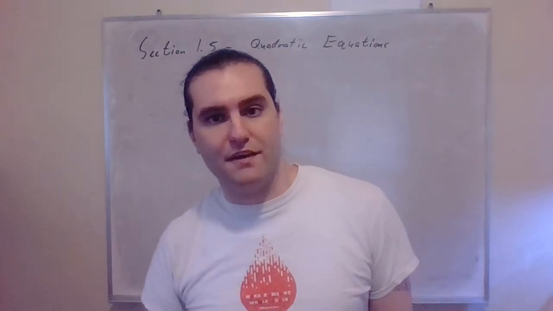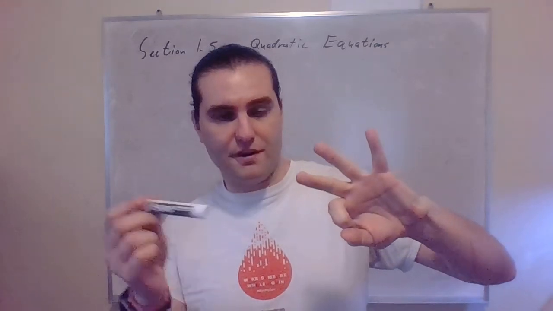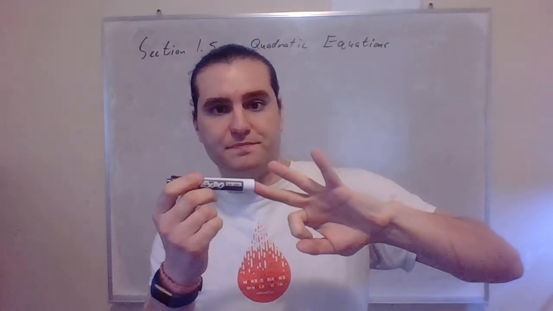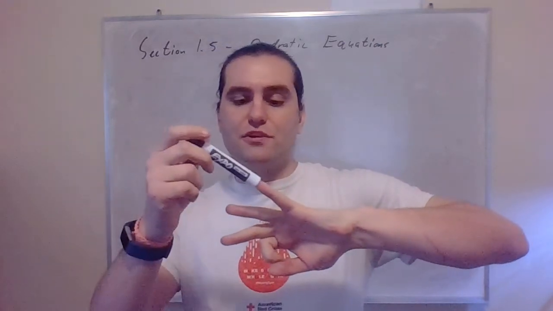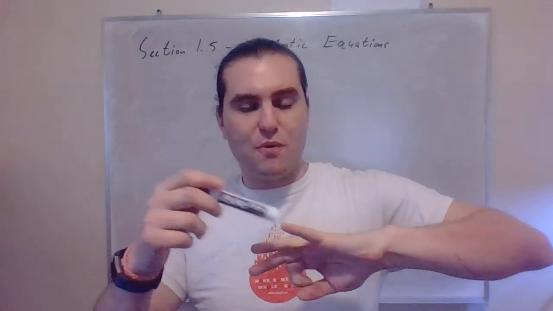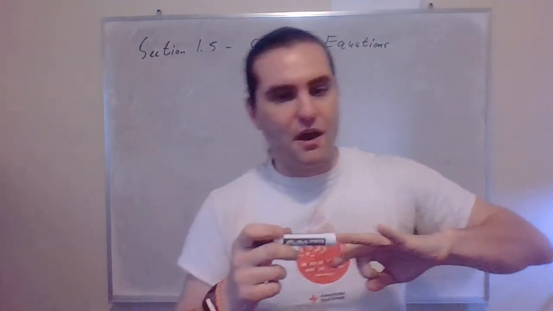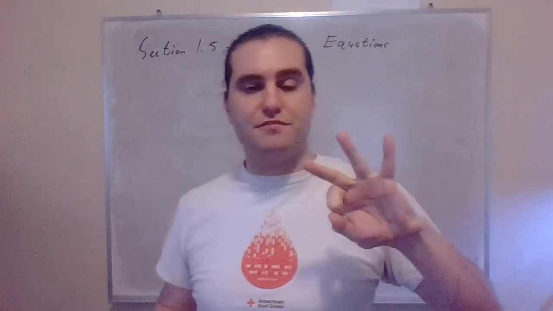Quadratic equations have three kinds of terms. There are terms with x's, there are terms with no x's, and there are terms with x squared. And the x squared terms and the x terms are not like terms, and they cannot be combined. Those are different kinds of terms.